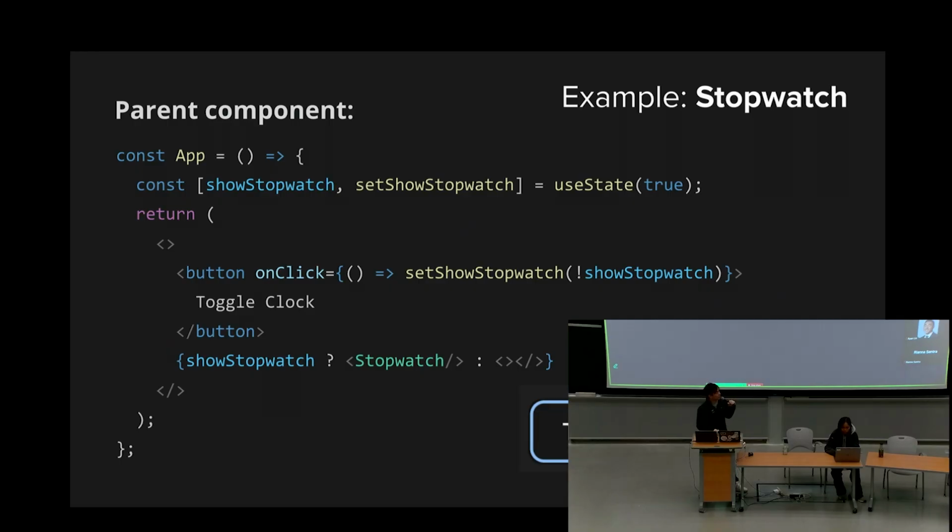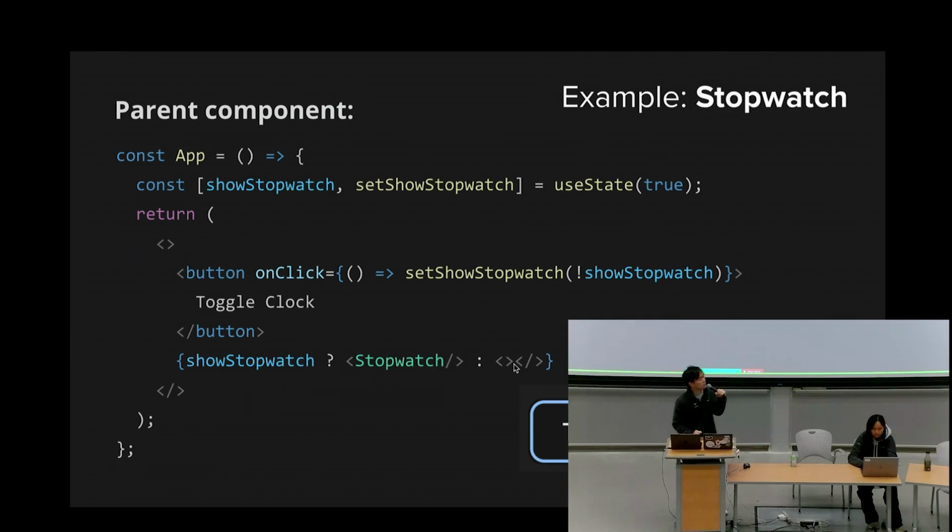As you can see here, we are using the conditional rendering step that we talked about the other day, where we have this showStopwatch. It's this line right here. So if showStopwatch is true, we will show our stopwatch component, in which we're first initially mounting it, or we just show nothing.